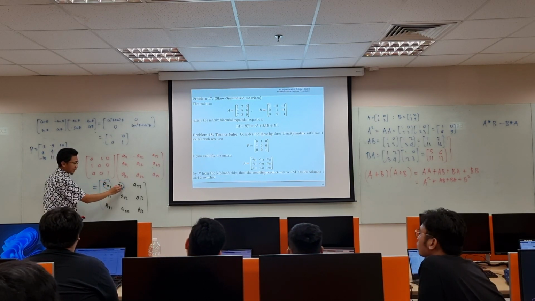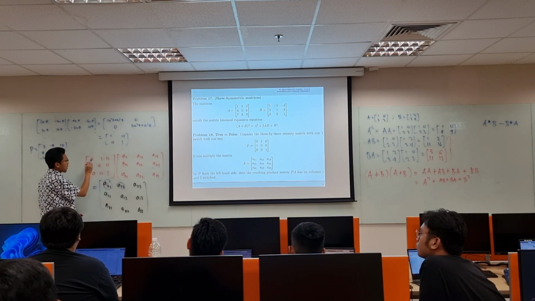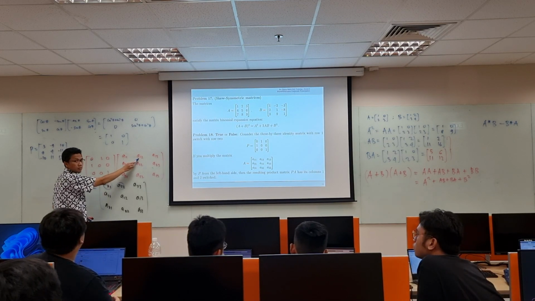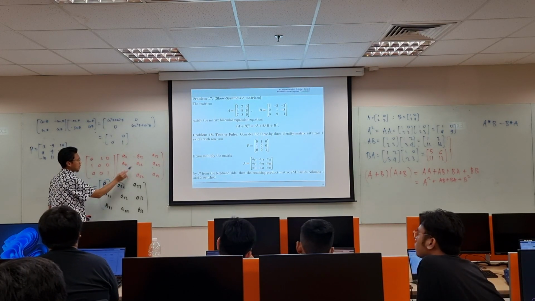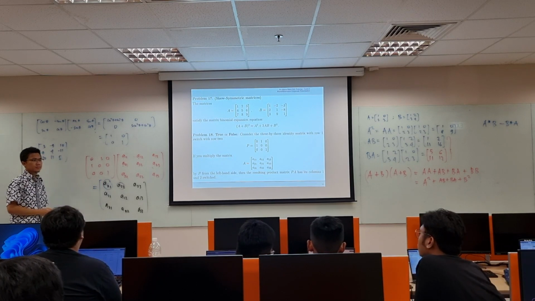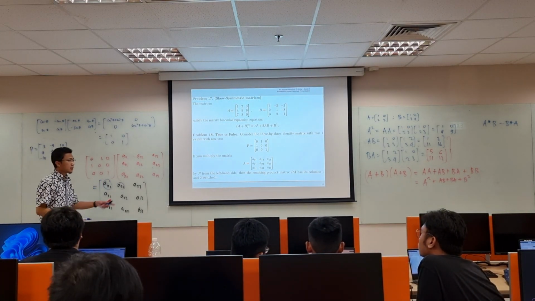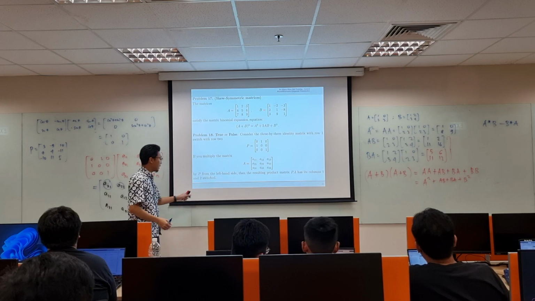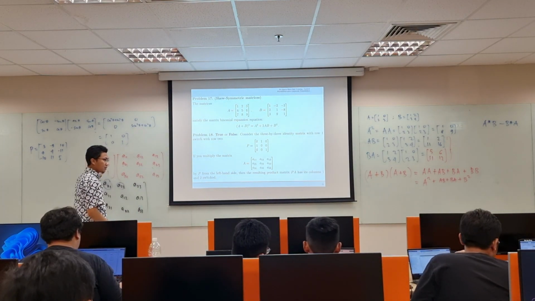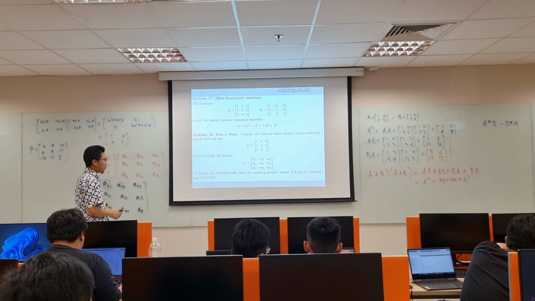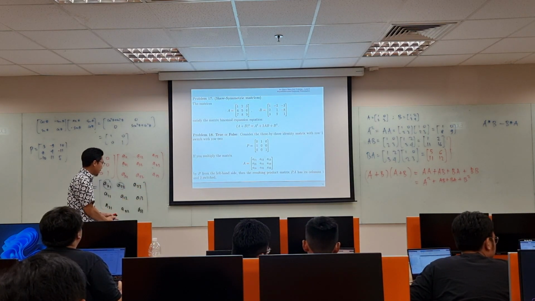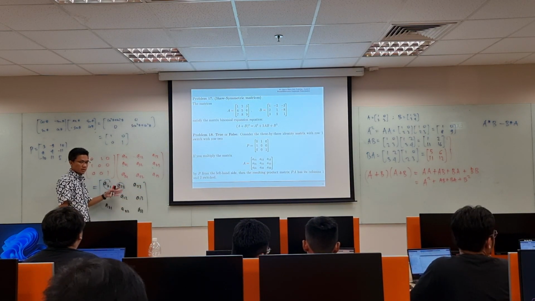Okay, now go to the second element. How do you do it? 0 times A12, this here. It says from the left hand side, then this one. So multiplying from the left hand side, you get a row switch in this case.